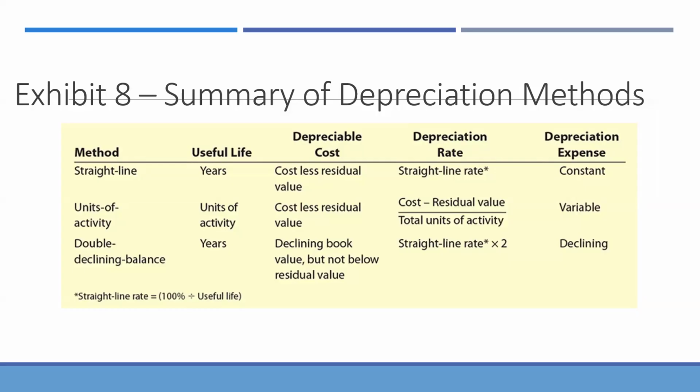And then we multiply our units of activity times our rate. For double declining balance, we take the declining book value, which does not consider the cost less residual value, right? It's just the total book value less accumulated depreciation multiplied by the straight line rate times 2, and that's double declining balance.